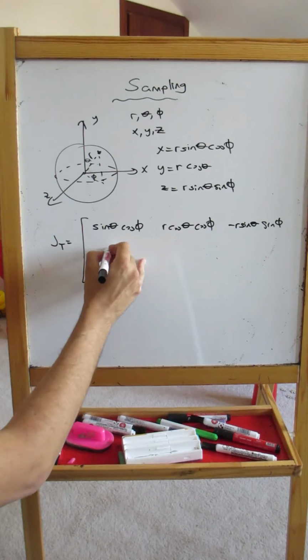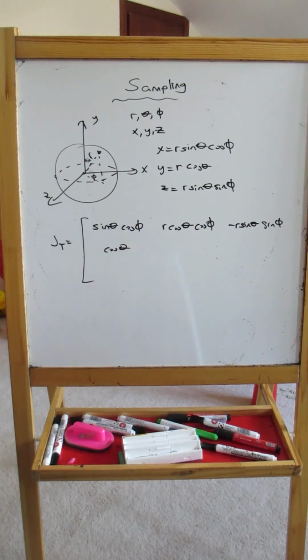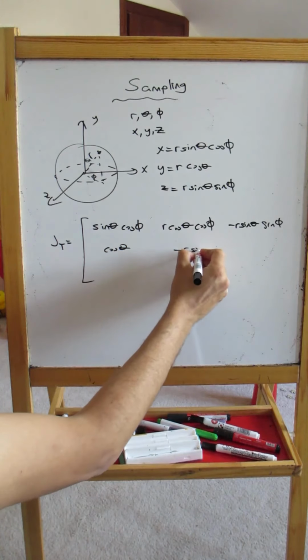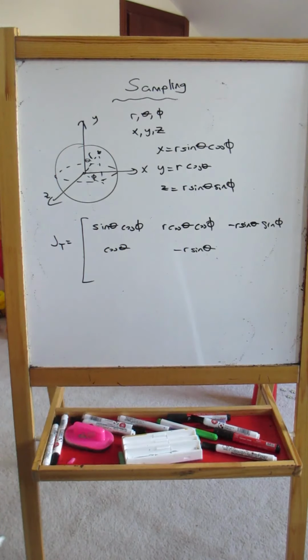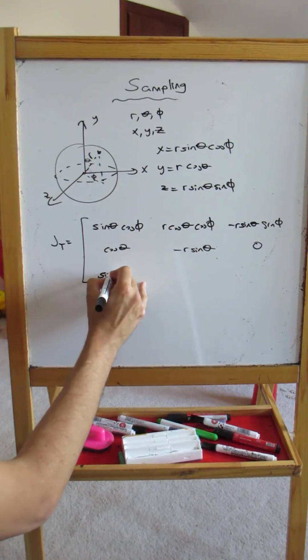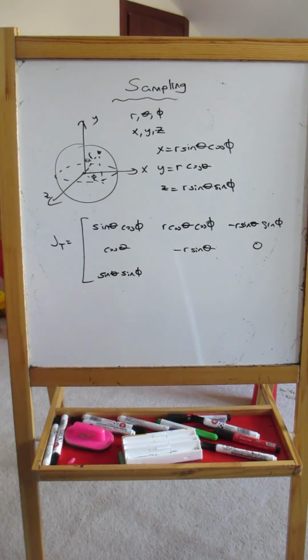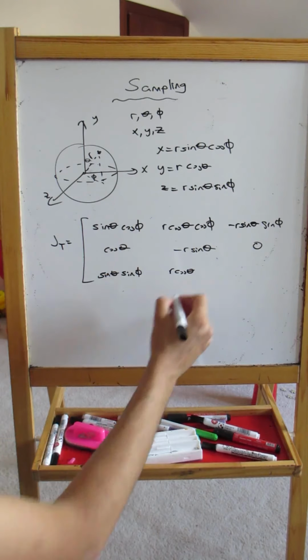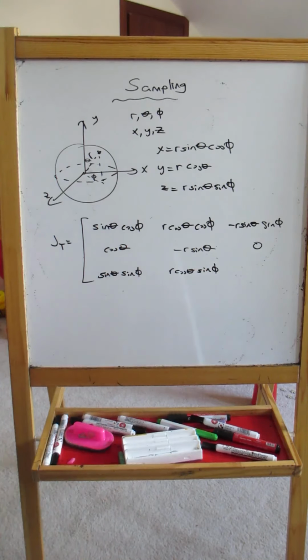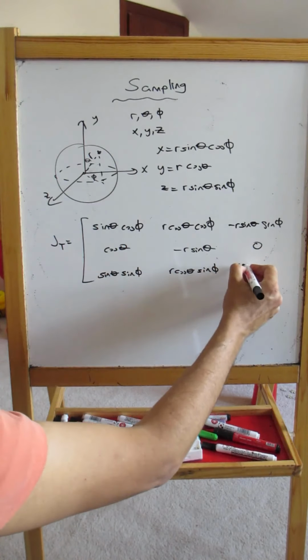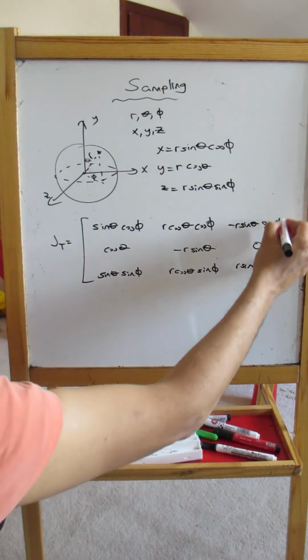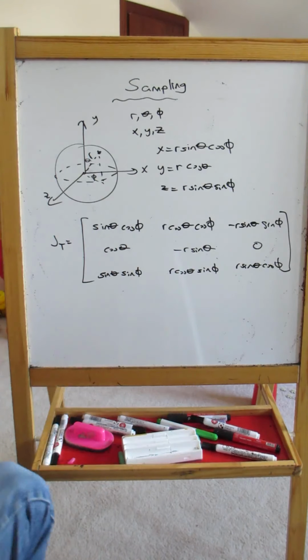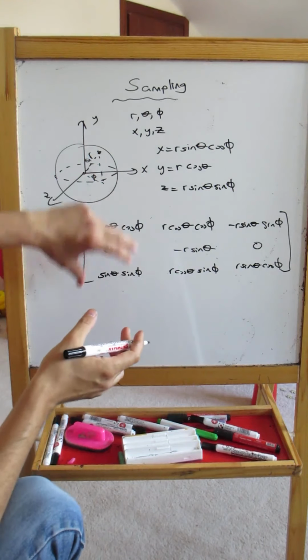The second row is cos theta, minus r sin theta, 0, and sin theta sin phi, r cos theta sin phi, and r sin theta cos phi. What is this?